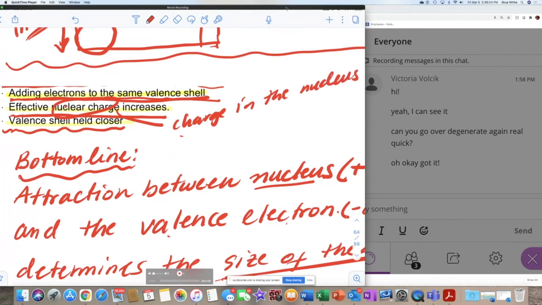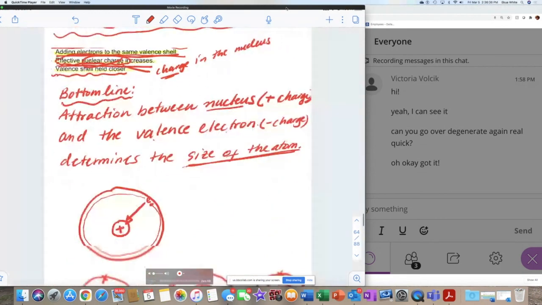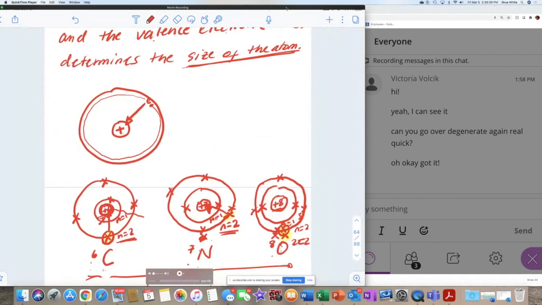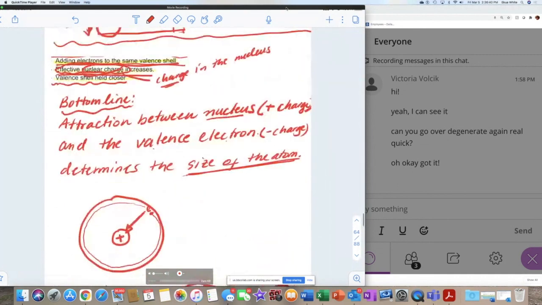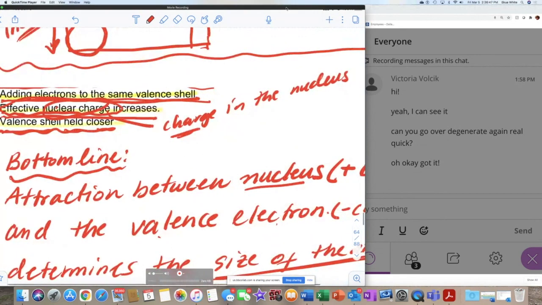And when they say it's effective, that's the charge that the outside electron feels as it's being pulled inside. So the effective nuclear charge, the attraction on the electron, is increasing. You can see that from +6 to +7 to +8. Then as a result of that, the valence shell is held closer, which I read as your waist gets cinched in, right?